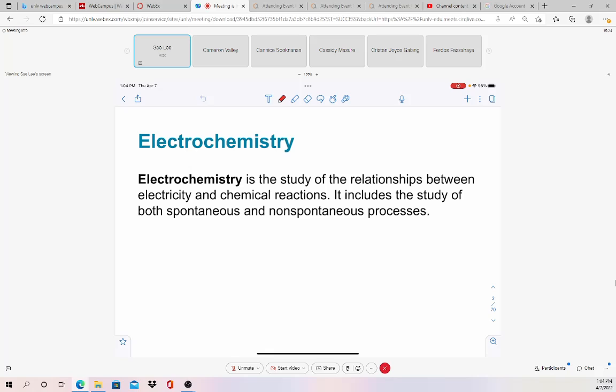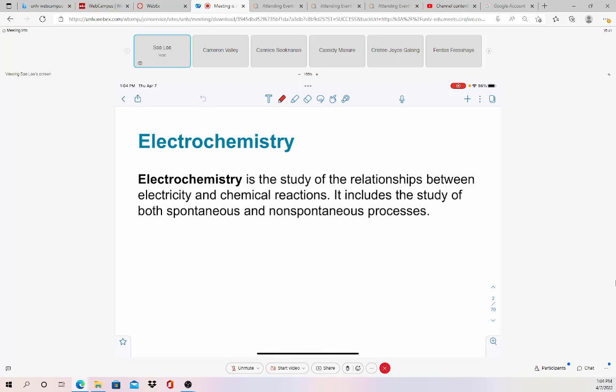So, for example, batteries for your laptop, batteries for your cell phone, batteries for your electric car, etc. These batteries are operated by conversion between electrical energy and chemical energy.